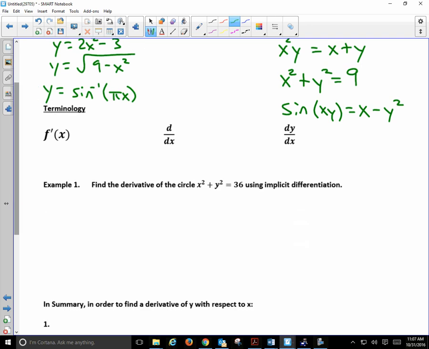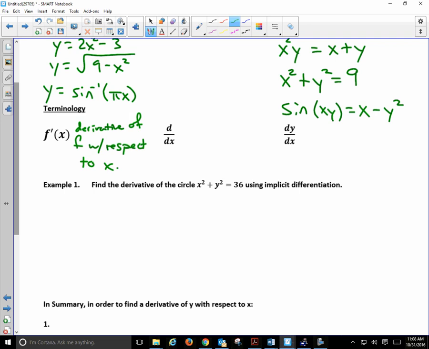f prime of x means derivative of f with respect to x. So it's identifying x as the variable, and it's naming f as the function. And again, in that situation, it's explicitly solved for y as we had in the first three examples.